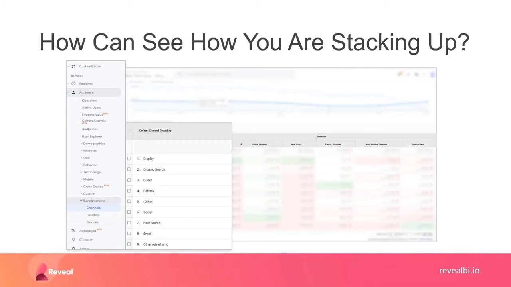So underneath the audience side on the right hand side there, you see the benchmark per channel, location, and device. So a lot of that is built right into the box there.